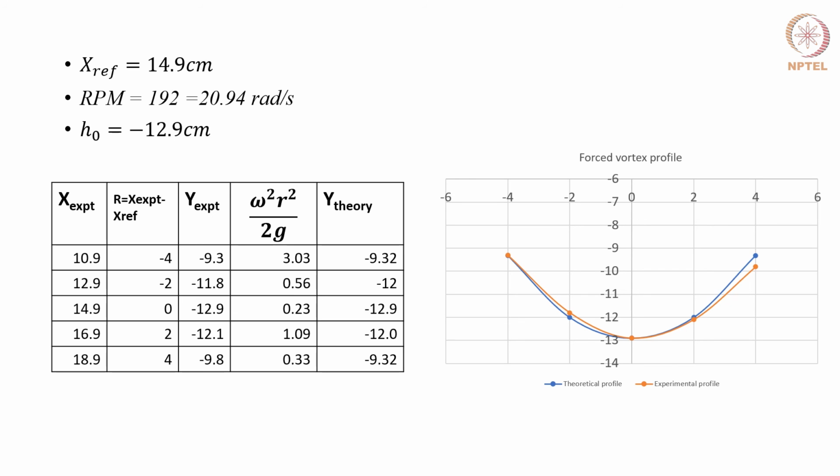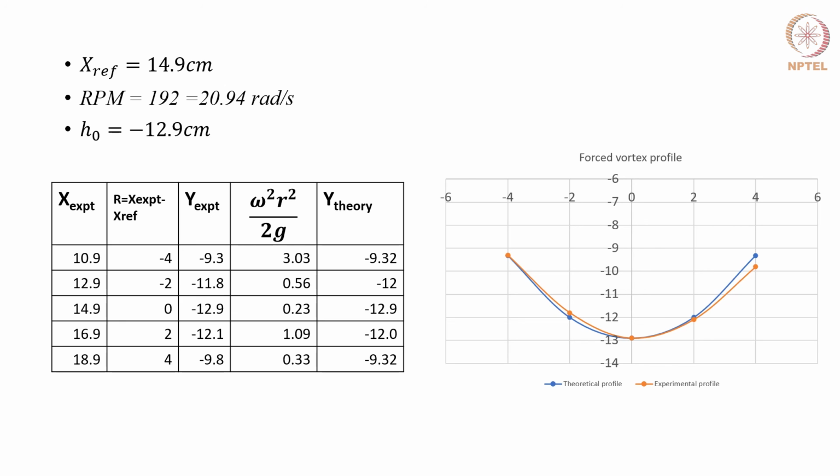The first column gives the experimental reading of the x coordinate. Subtracting the reference value from the first column, we will get the radius of the vortex at which the y coordinate is measured. Y experiment is the y value or the height of the vortex at the corresponding x.